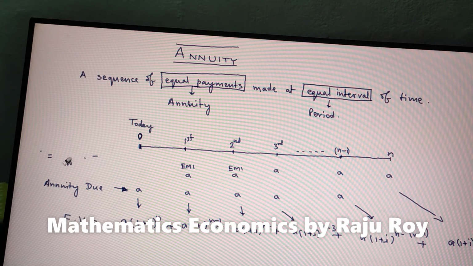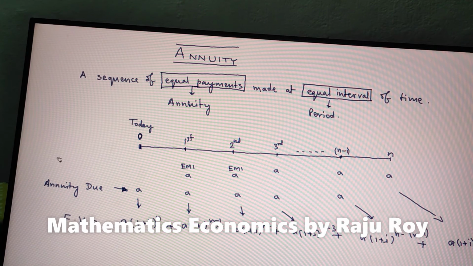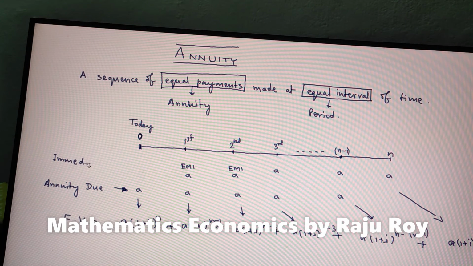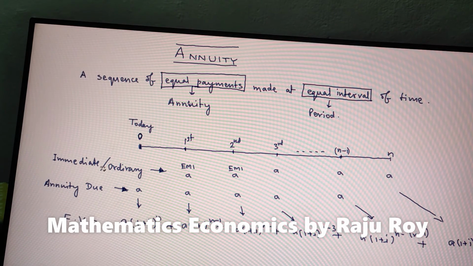And this type of annuity, the first one, where you start paying the amount at the end of the period, sorry, not term. There is a difference between term and period. This is the immediate annuity or ordinary annuity. So these are the two types of annuity we have.